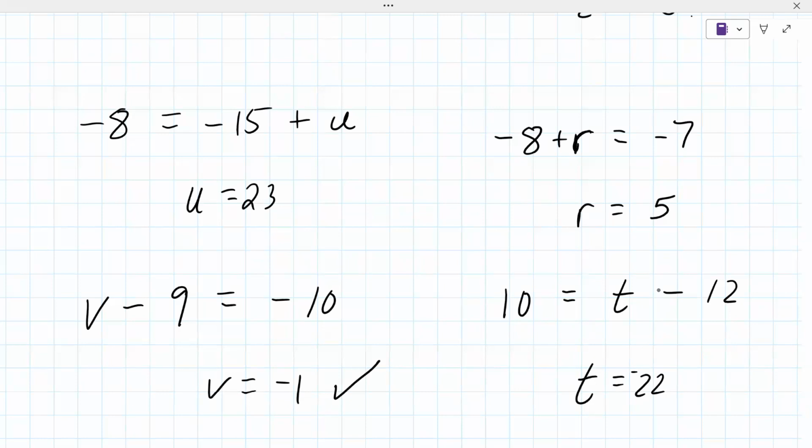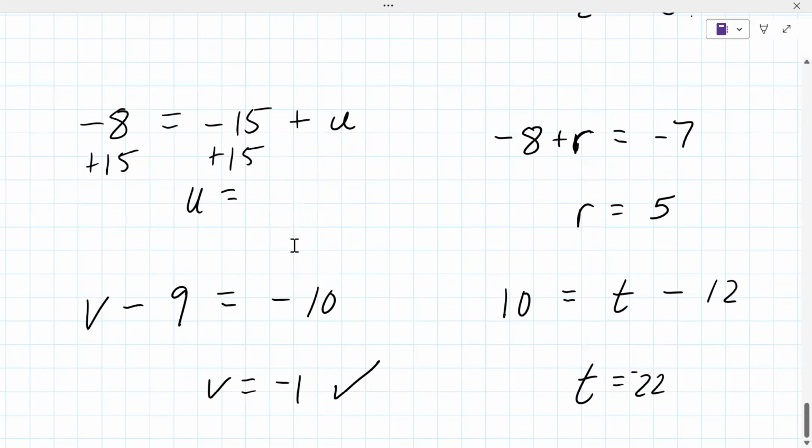Let me look. For U, I still got 23. Okay, so you're adding 15 to both sides.